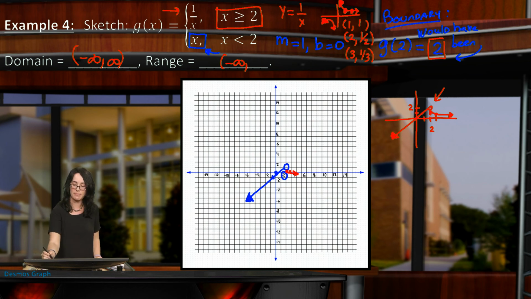Because the second piece is below that and continues dropping lower and lower, approaching the x-axis. There's actually an asymptote there. We'll talk about horizontal asymptotes some more in the future. So in this case, yes, the highest y value would have been 2, but it wasn't allowed to exist there. So that's a boundary, an open circle, meaning I would put 2 in parentheses there. So negative infinity to 2 with parentheses would be my range.